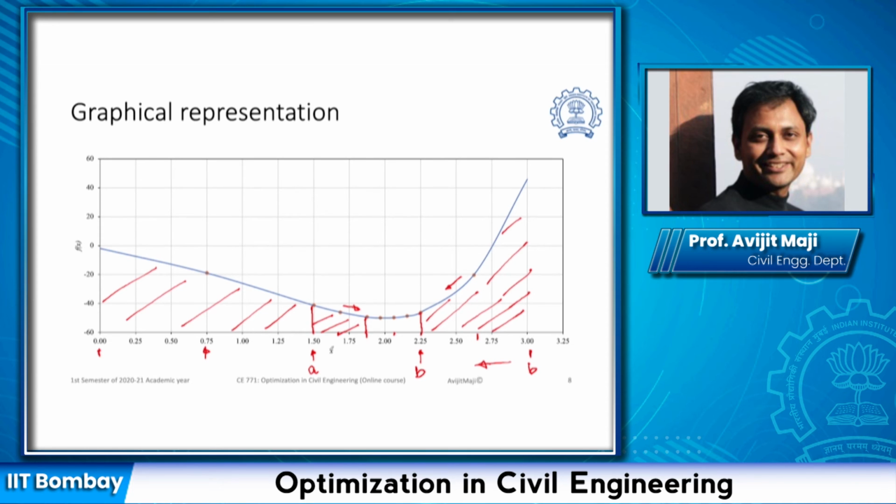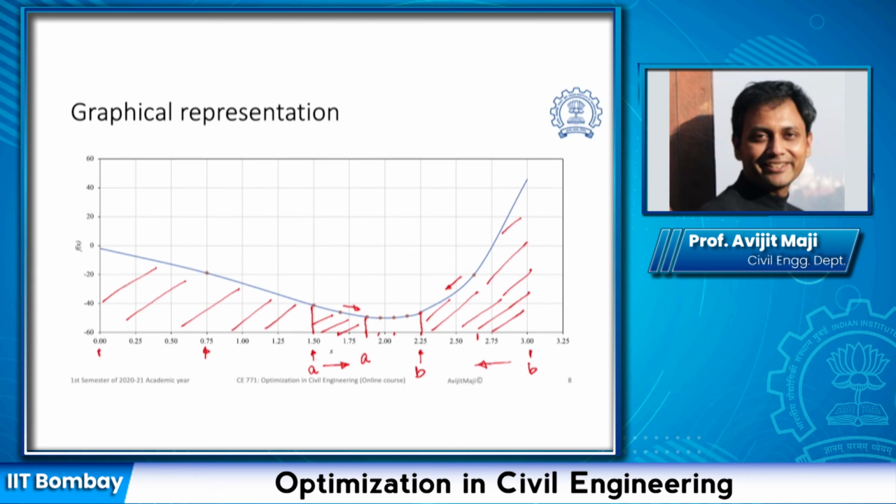Once we do that, my lower boundary is going to move to the middle point, and my new middle point is going to be the x2 point of the previous iteration.